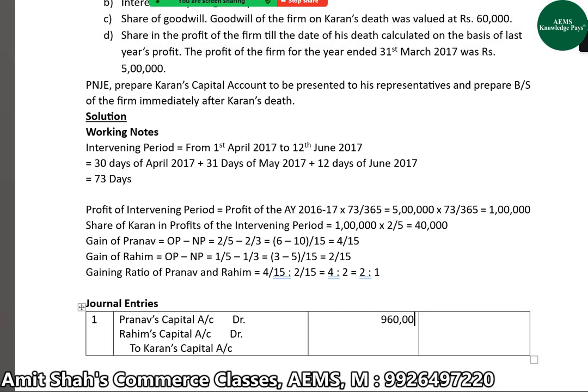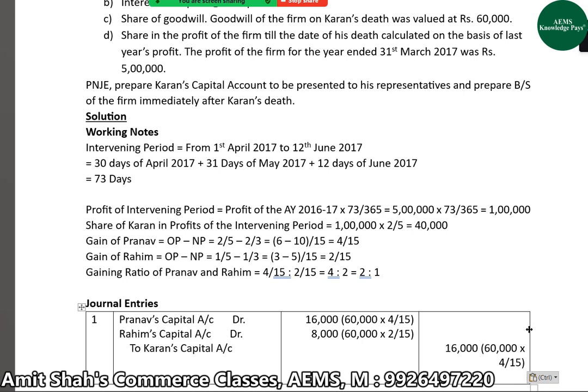The amount of goodwill is 60,000 multiplied with respective gain. So gain of Pranav is 4/15, so this is 16,000. The same way we will do it for Rahim. That is 60,000 into 2/15, that would be 8,000.